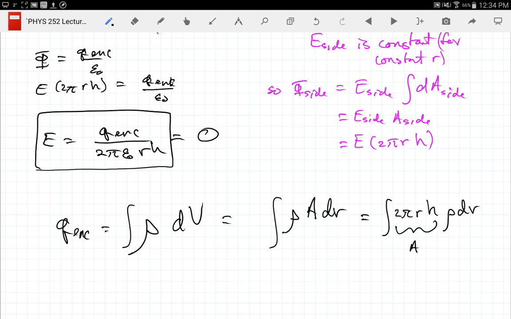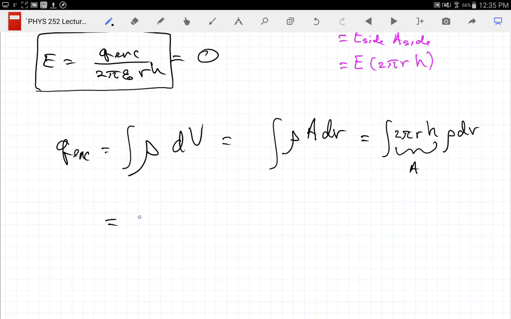What is it from 0 to A? It's 0. Right, the charge density function I gave you was only from A to B, and it was 0 everywhere else. So when you do that integral, you're actually going to do the integral of 0 from 0 to A, which is 0. And then we do the integral of this, where I put in my function for rho, from A to R.